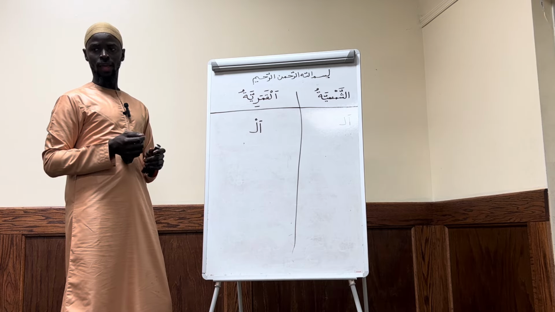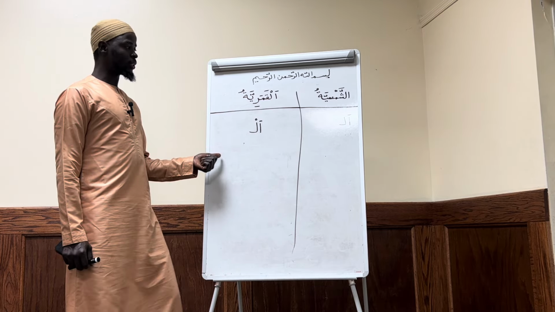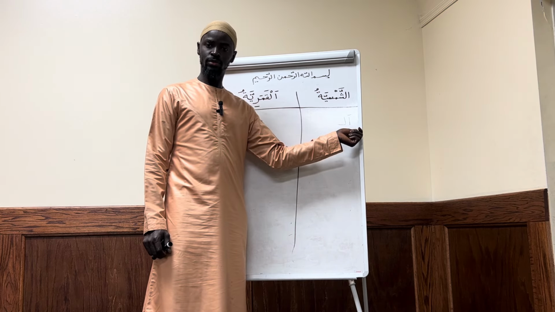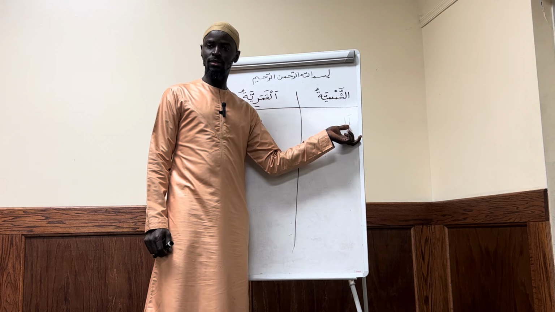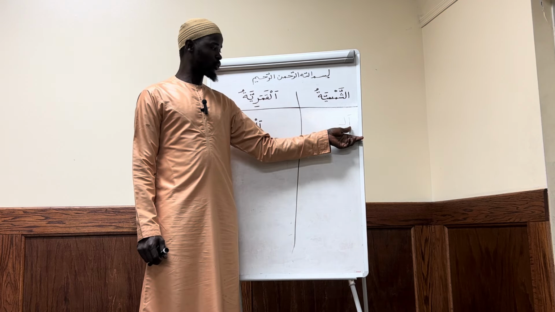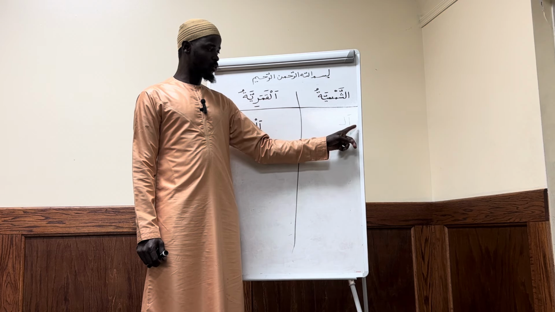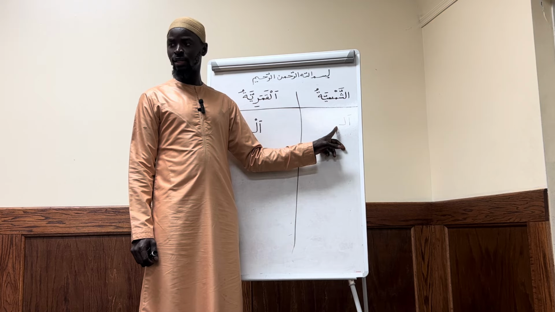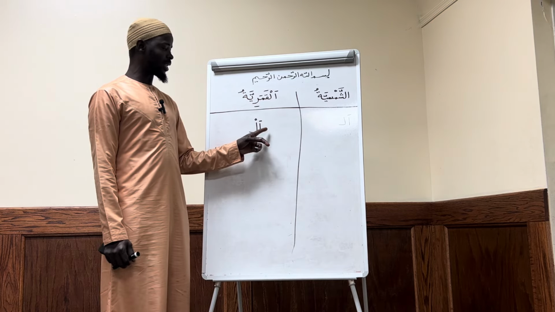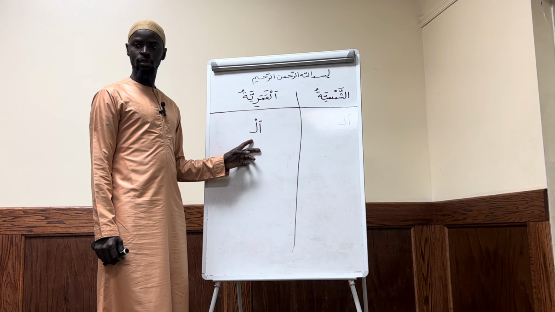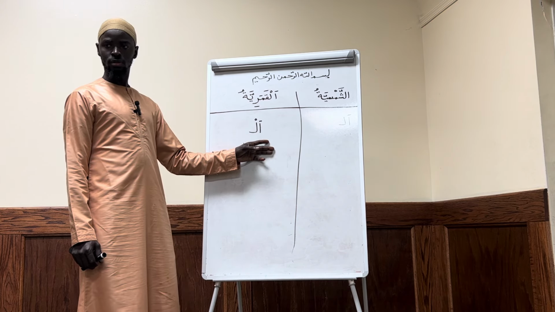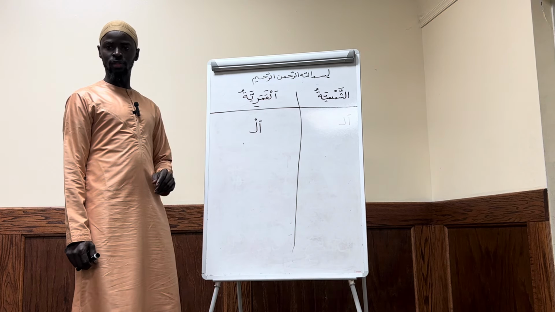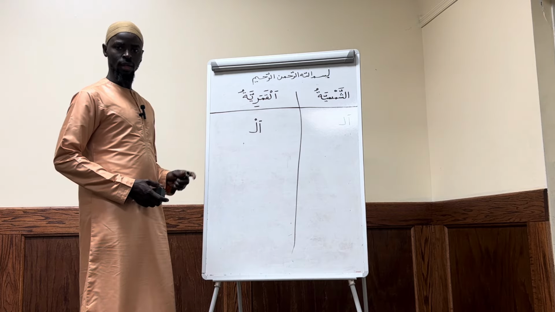And another explanation: if you have another letter before the alif with the sun letters, you skip the alif, you skip the lam, and you join that letter with the next letter. For the moon letter, if you have another letter before the alif and lam, you skip the alif, you read the lam, and the letter that comes after it. Yes, the lam still has the sukoon.